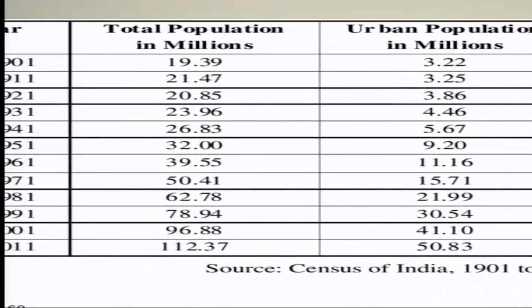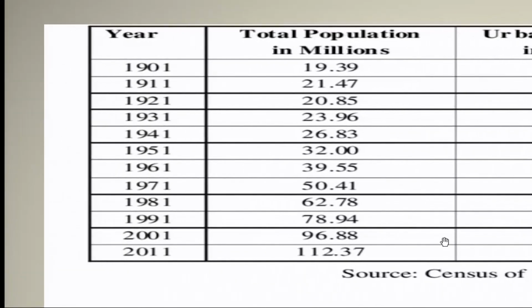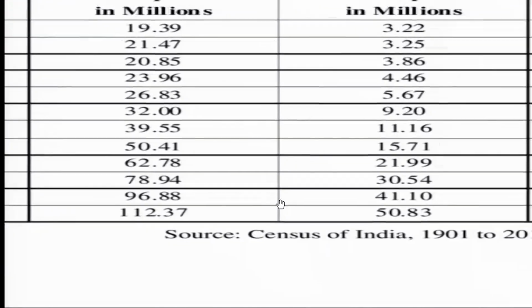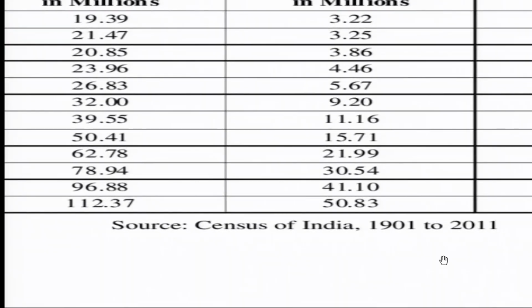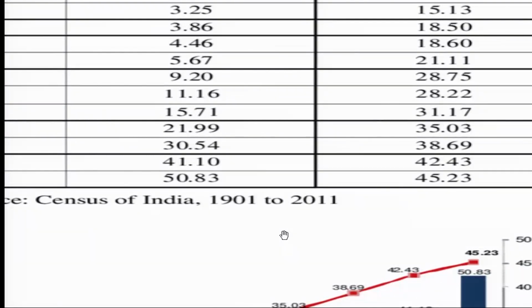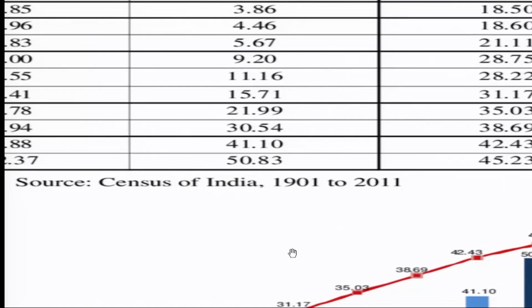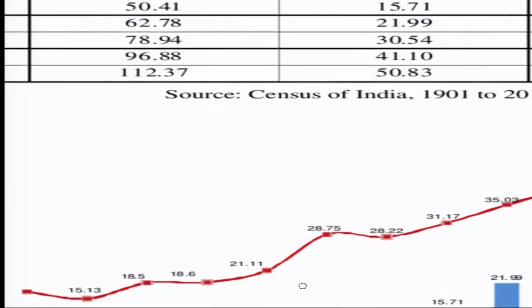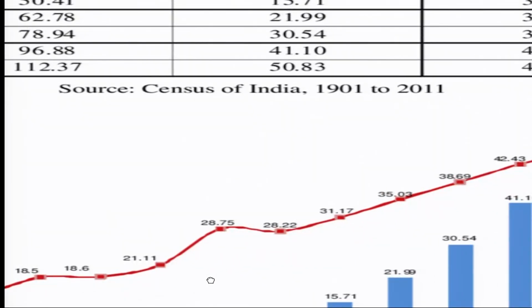That's what the census tells us. And finally, in the year 2011, you find that the total population in million is 112.37. The urban population is 50.83 and the percentage has risen up to 45.23. This is the striking census which we find in the graph.